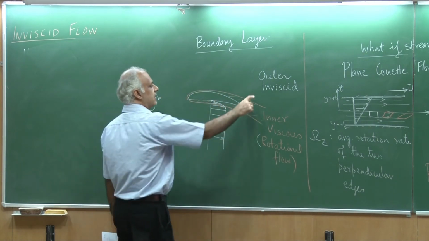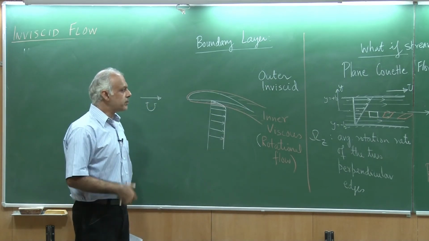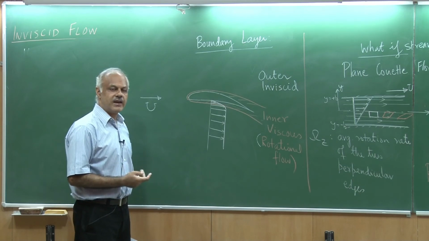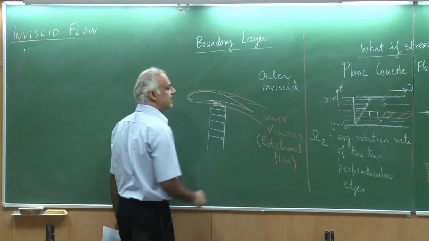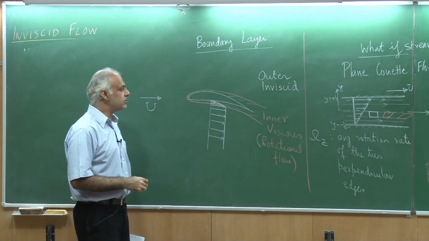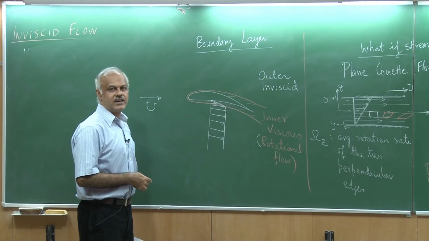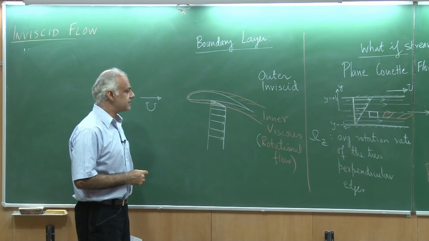However, the outer flow being inviscid, it could be a rotational flow or it could be an irrotational flow, and the argument we are making is, if this flow is irrotational in addition to being inviscid, then we should be able to simplify our analysis. And that's the whole case that we are building.